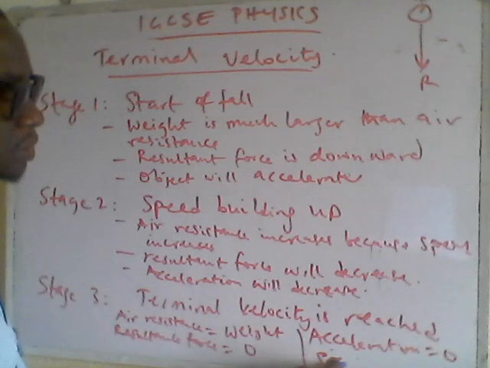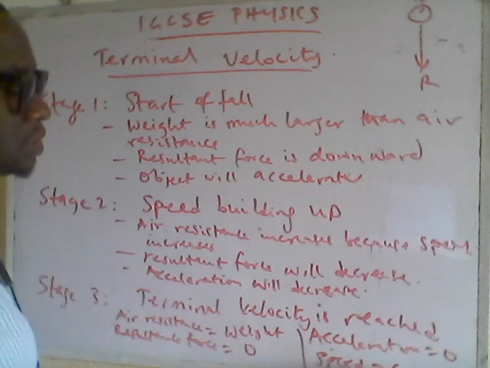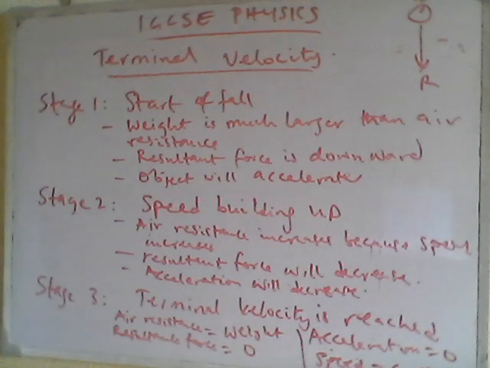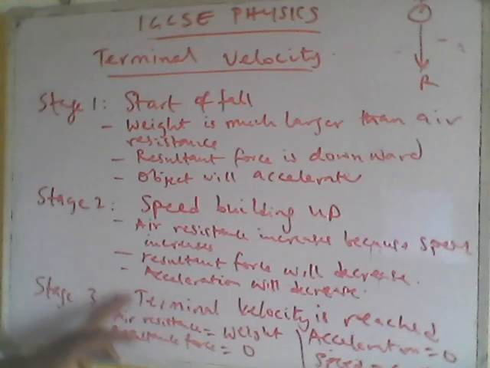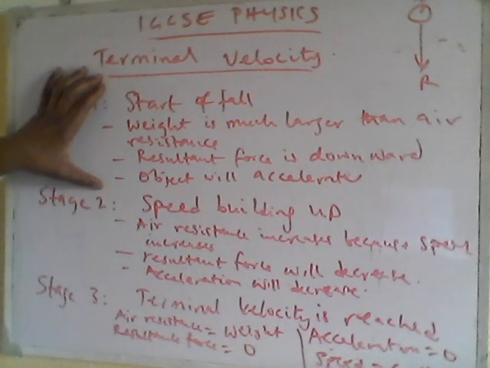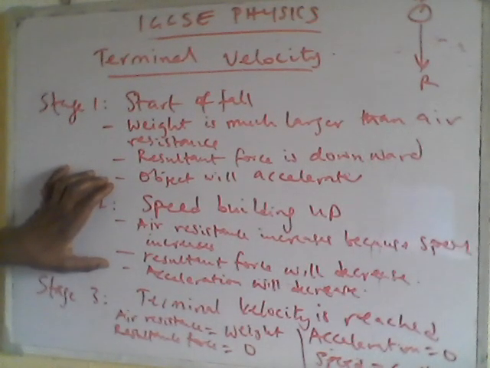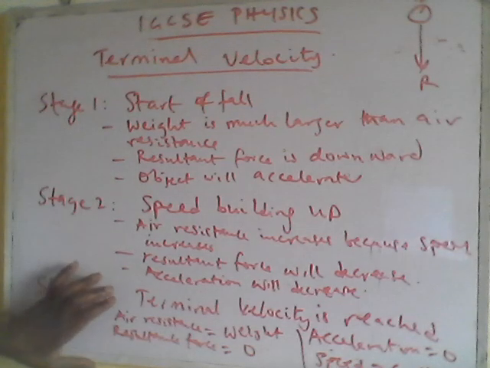Speed is constant. So this is the journey of how terminal velocity is reached. It starts from the fall, goes to speed building up, and terminal velocity being reached.